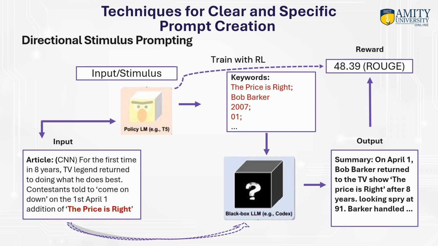Okay, so in the same way, for the directional stimulus prompting, you are providing certain keywords so that your model will move into the right direction to give you a better response or improved response.